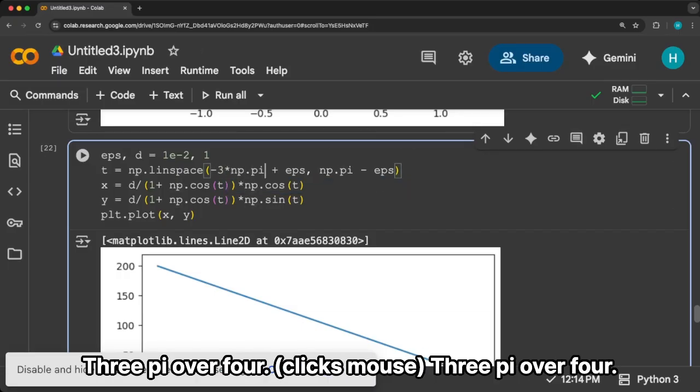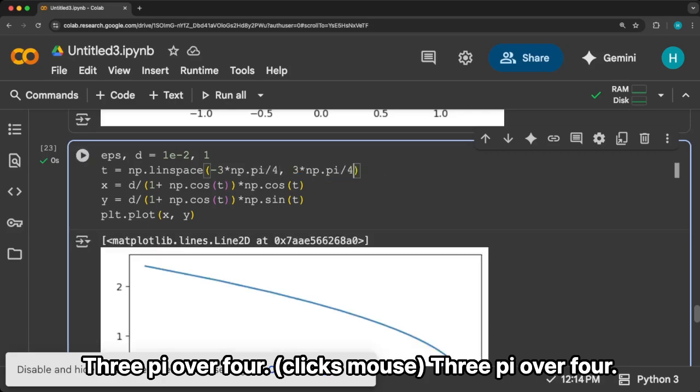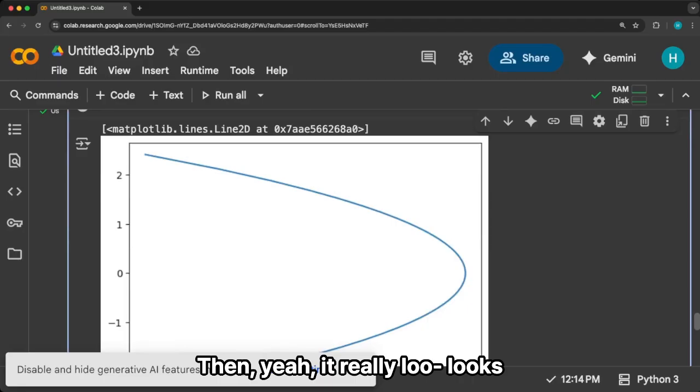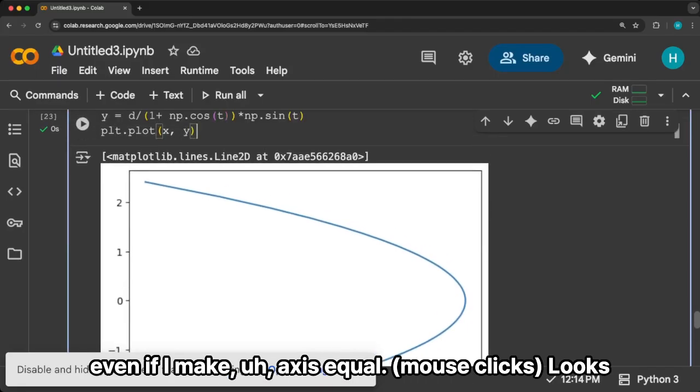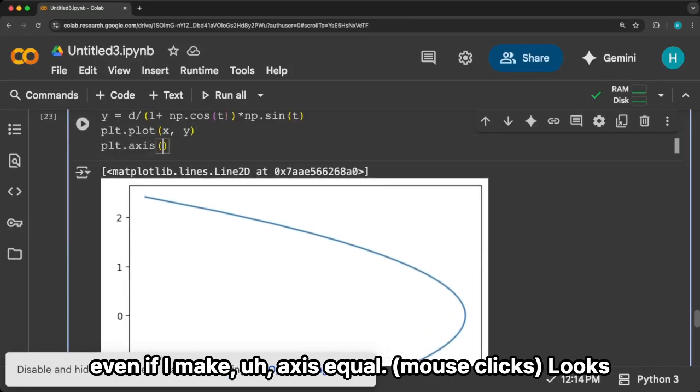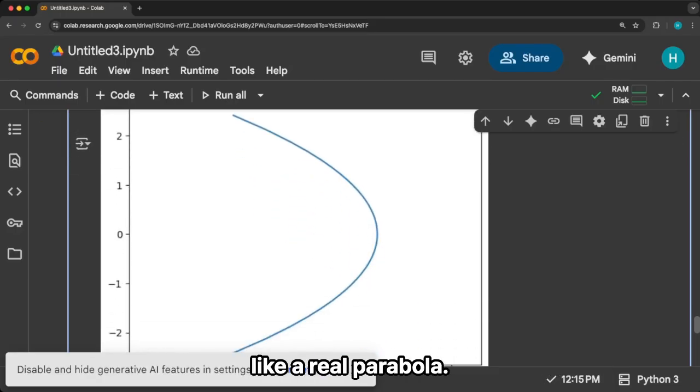Then it really looks like a parabola, even if I make the axes equal. It looks like a real parabola.